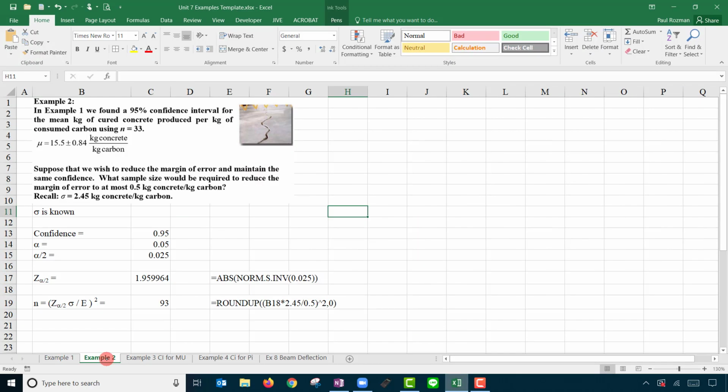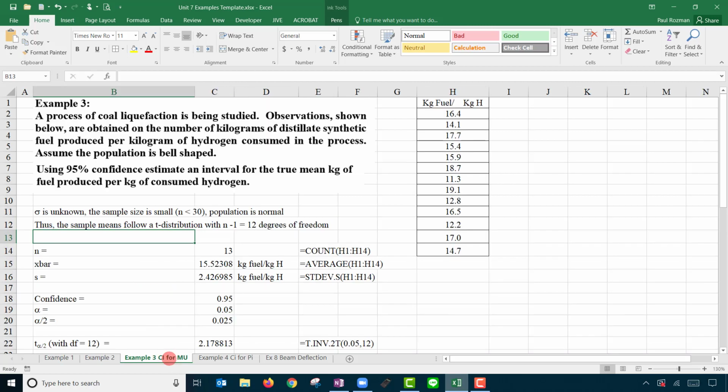Example 2 in here. Again, I copied and pasted the other spreadsheet. So I started out with, yep, the confidence was 95, alpha was 0.05, alpha over 2 was 0.025. Oh, sorry, this is the sample size. Sorry, this is example 3. So we had our fuel values. I counted them. There were 13.